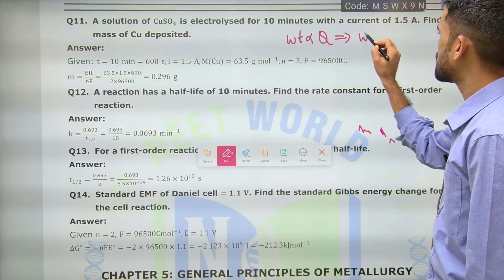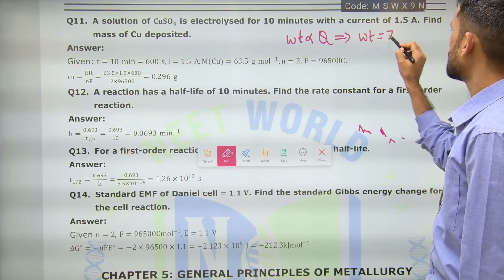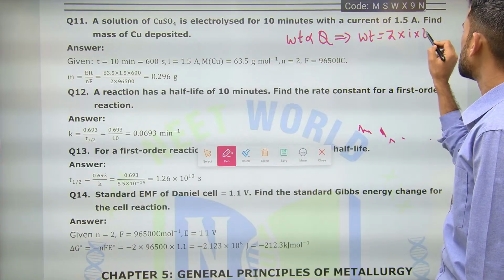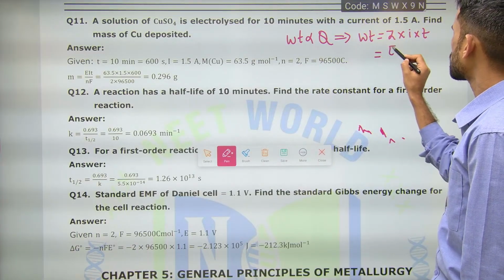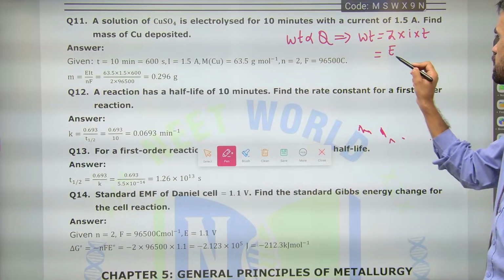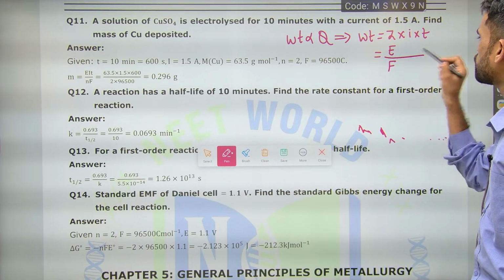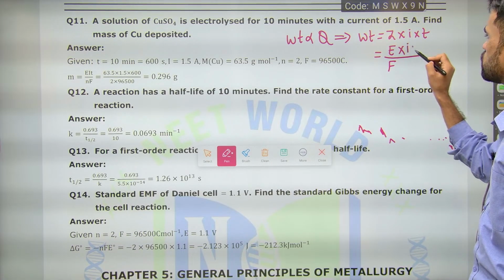So weight equals Z into I into T. What is Z here? It is the electrochemical equivalent, the ratio of equivalent weight to the number of Faradays.